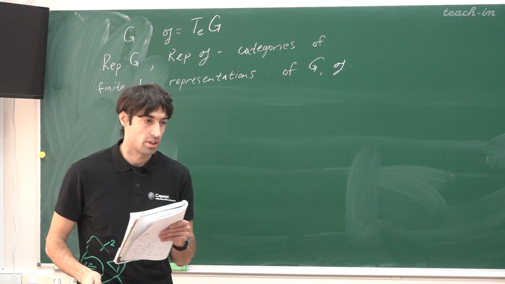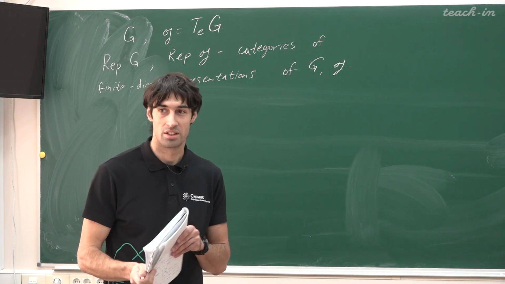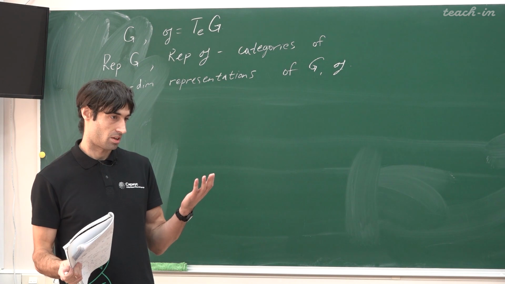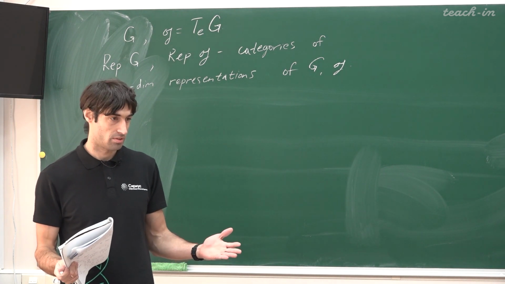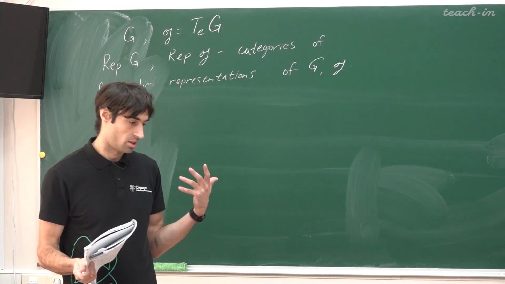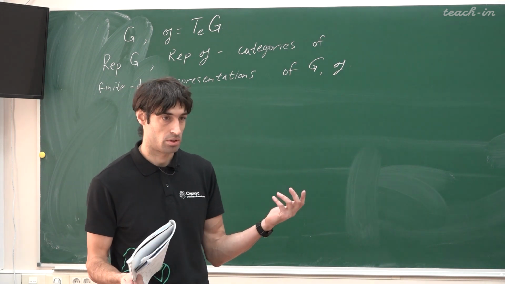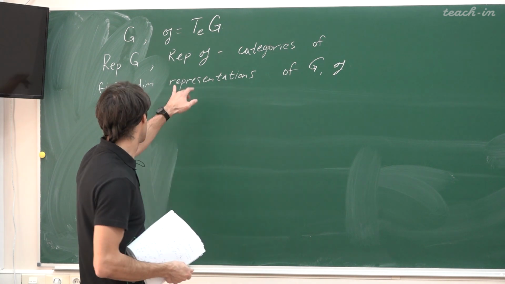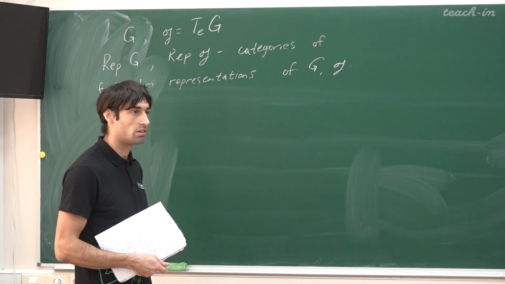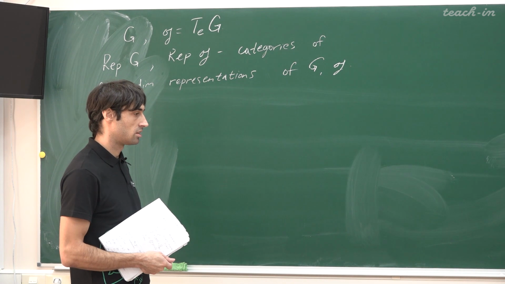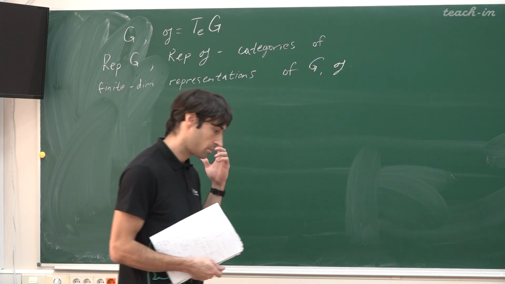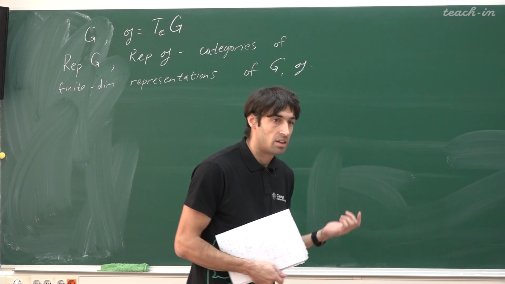So if you're afraid of the word category, just think of data about all representations, finite dimensional, and homomorphisms between them. Of course, this also has more structure, as we discussed last time. So we can consider tensor product, direct sum, taking duals.